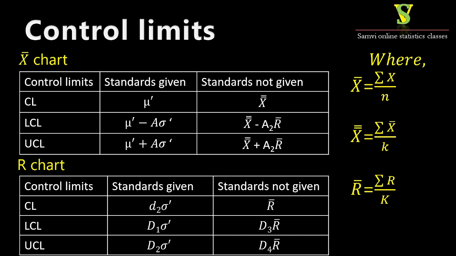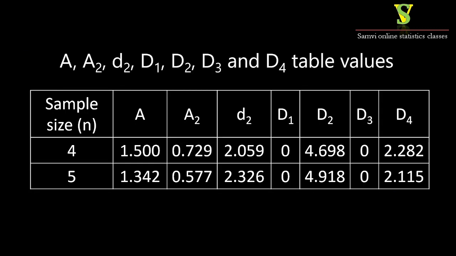And similarly, if standards are not given, then CL is R bar, LCL is D3 R bar, UCL is D4 R bar. Here A, A2, D1, D2, D3 and D4 values are obtained by referring to the table.